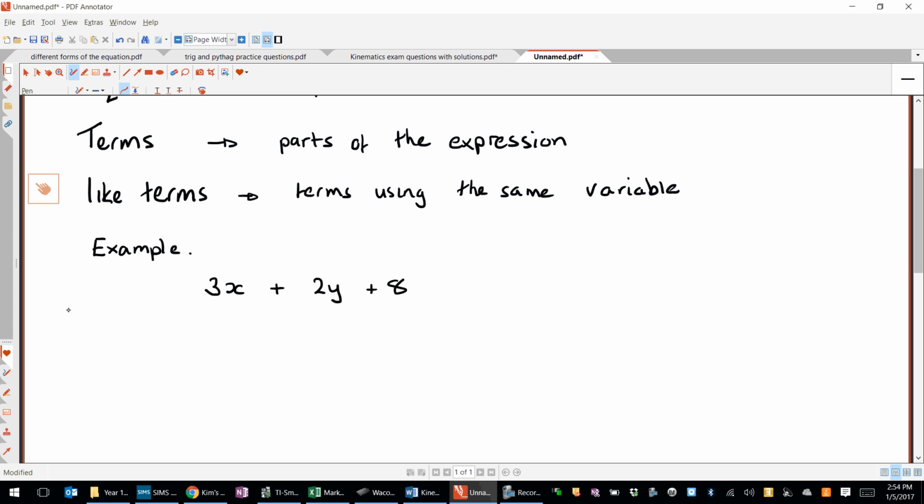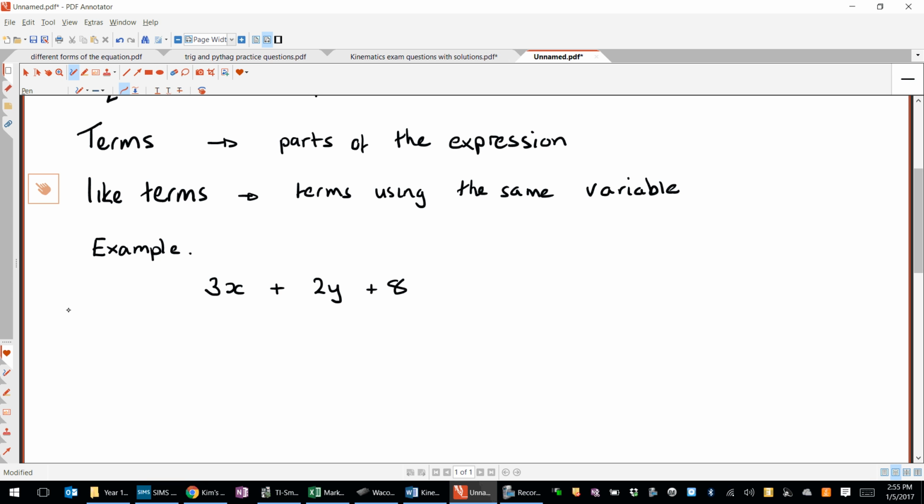Go on, give it a go. 3 times x. 3 times a value, like a number. Plus 2 times another number. Plus 8. That's it, isn't it? No, we wouldn't say plus term plus term.